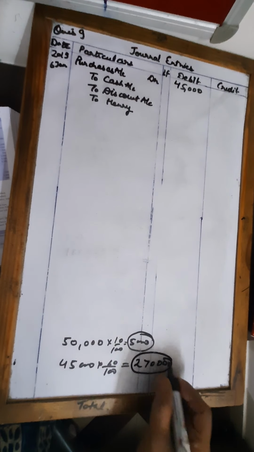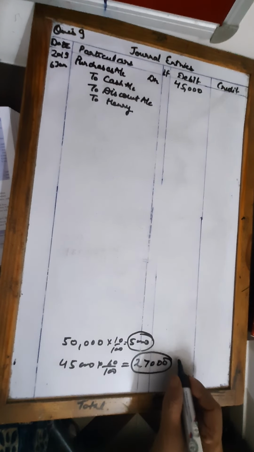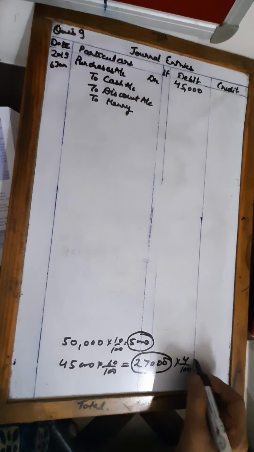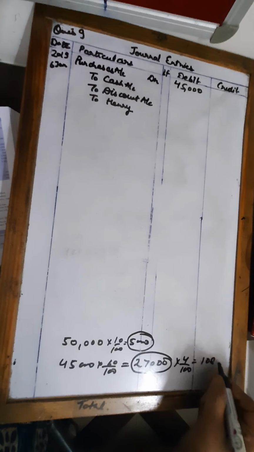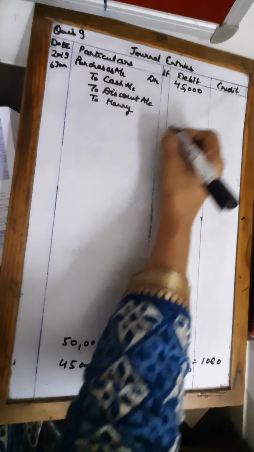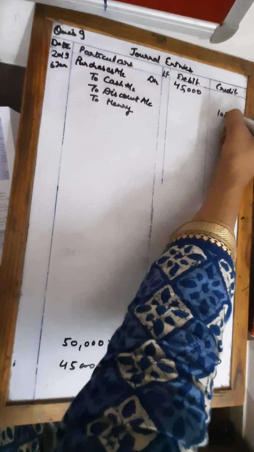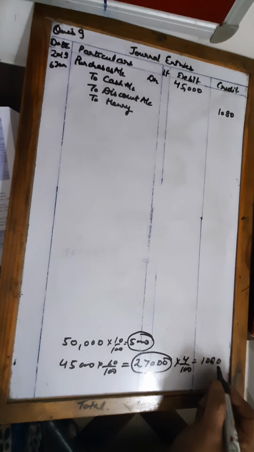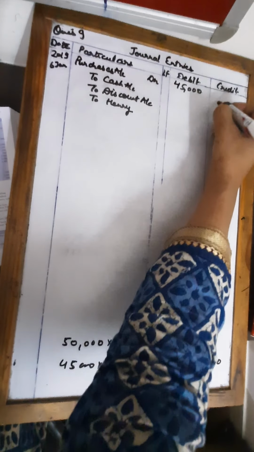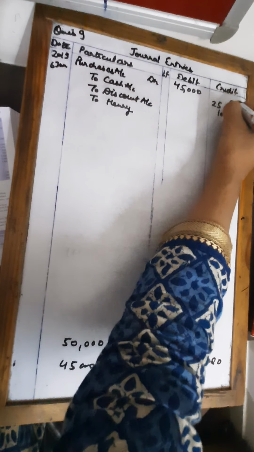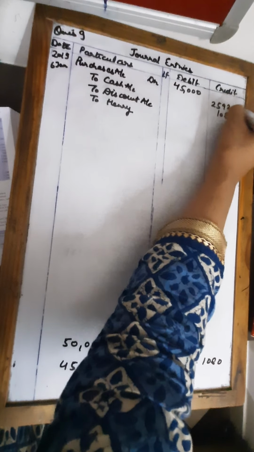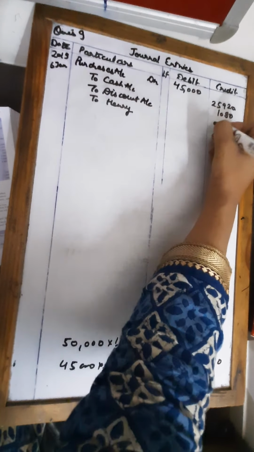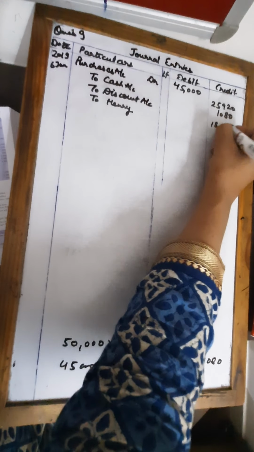On this value you have to give 4% cash discount. 4% of this value is 1,080. Discount amount is 1,080. 27,000 minus 1,080 is 25,920, and the rest amount is your credit purchases, that is 18,000.